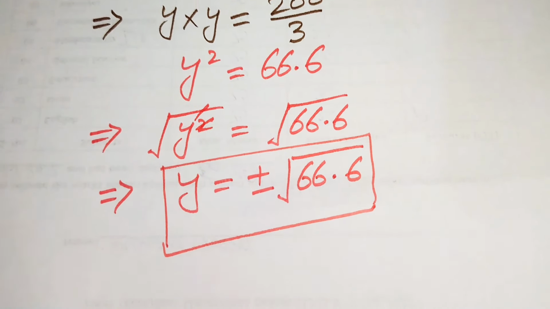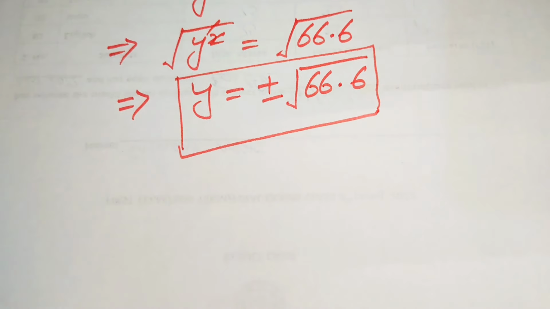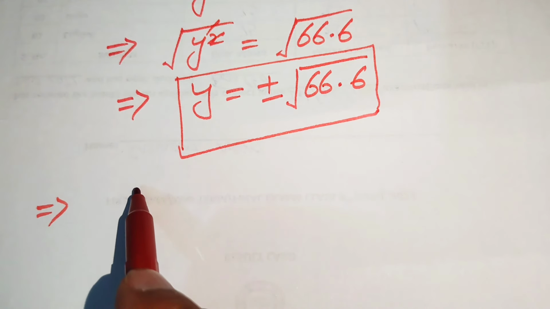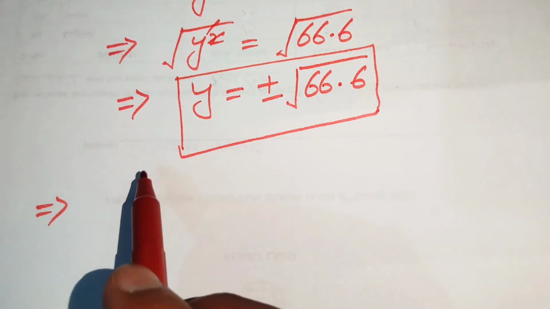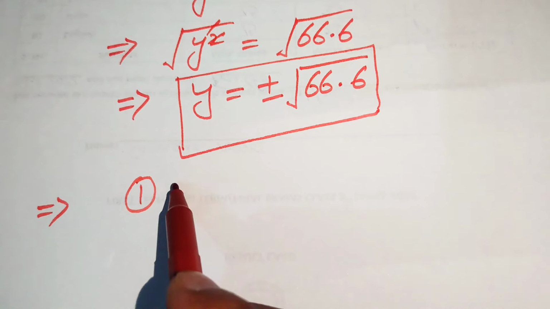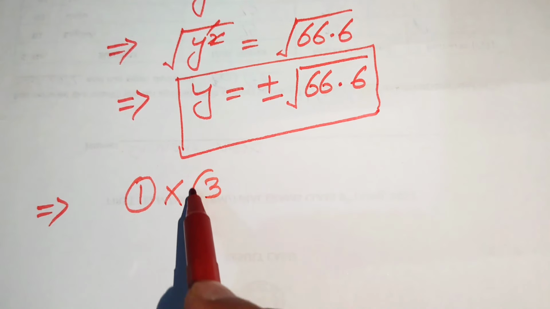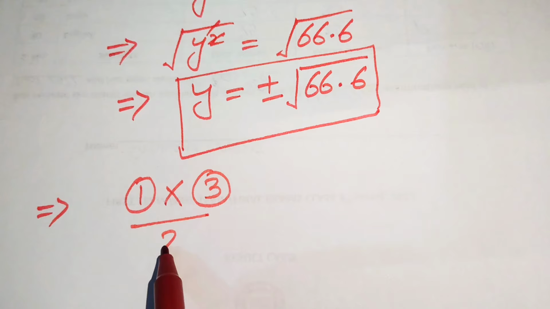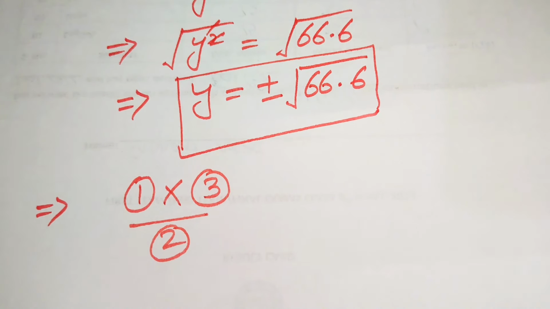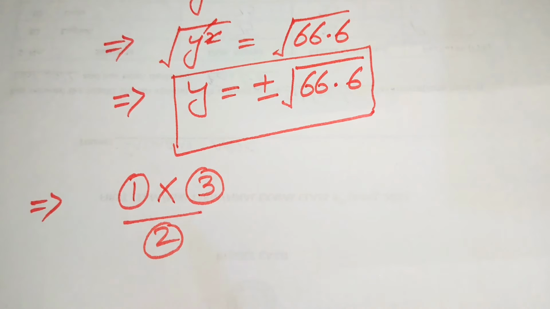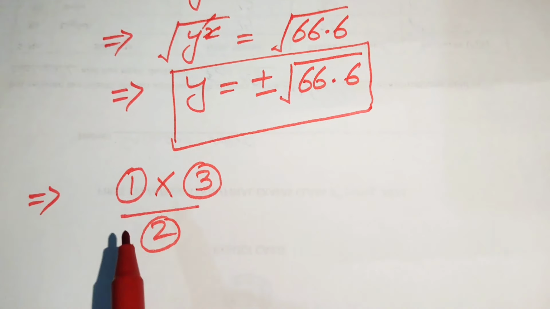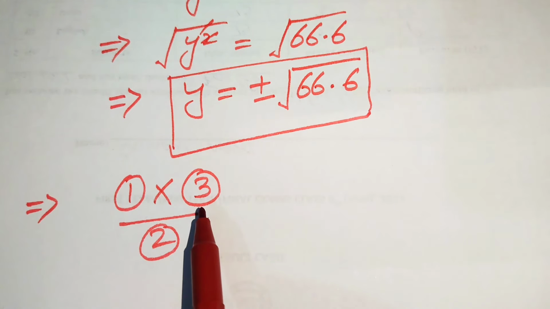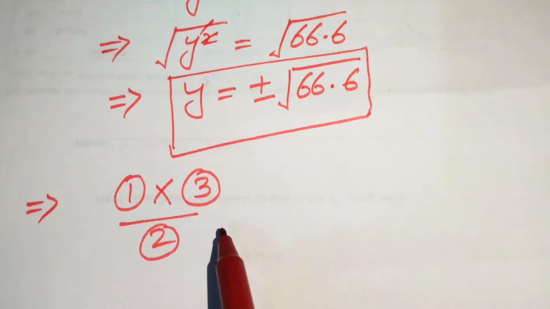Now we move towards finding the values of x and z. For this we need to take another step. We multiply equation number 1 with equation number 3 and divide it by equation number 2. Similarly we do the same steps as above. We multiply the left hand side of 1 and 3 and divide by the left hand side of 2.